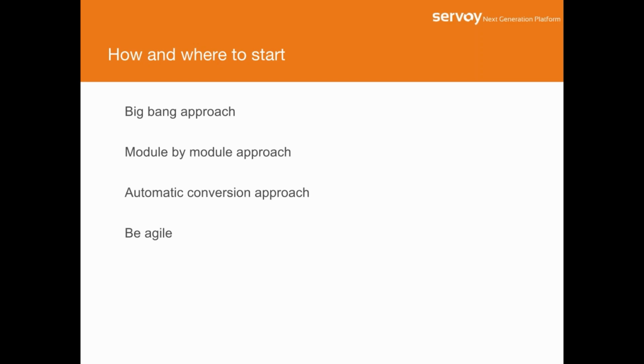So we see that most successful ISVs choose an approach where they rewrite, very often module by module. If it's a smaller project, sometimes even a big bang approach. But most of the time module by module, where you can start with one small part of your application, start learning, start finding out what your development time and cost is, start estimating properly, and then move on to larger parts of the system.